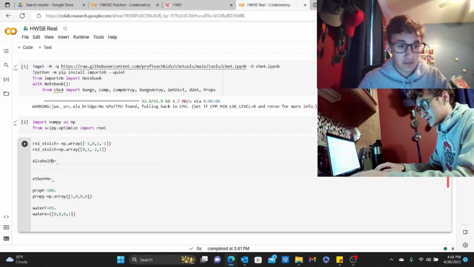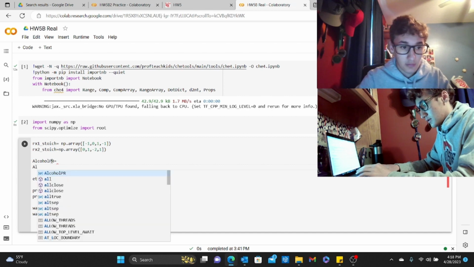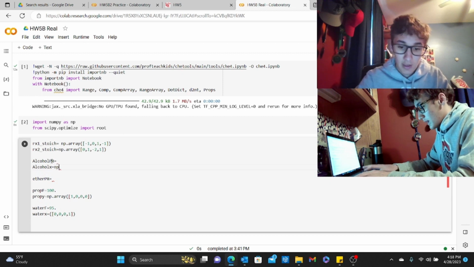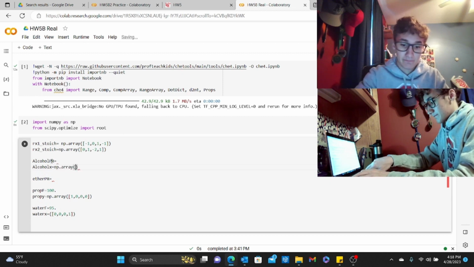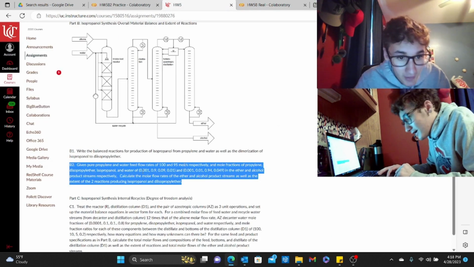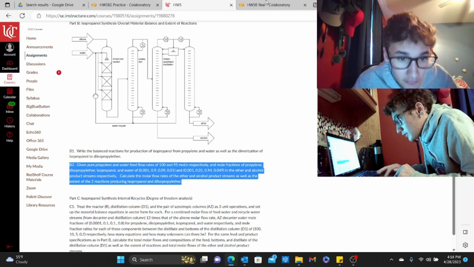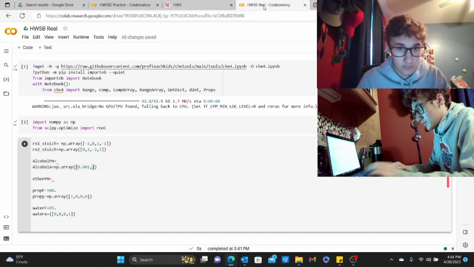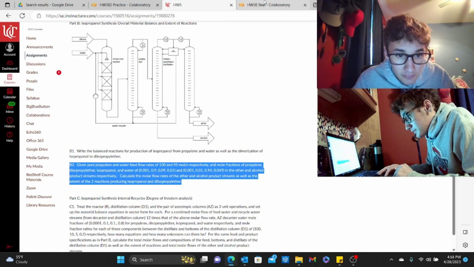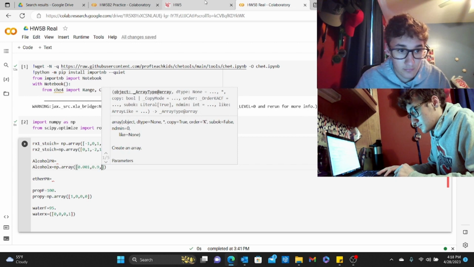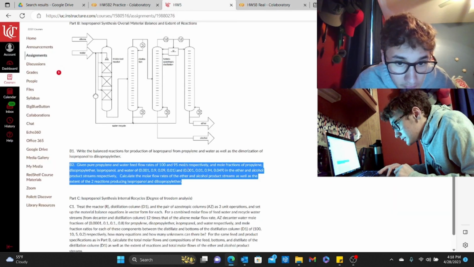And so for the mole fractions, let's do all X, and that equals np.array of 0.001, 0.9, let's see.